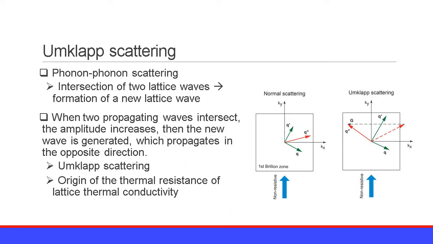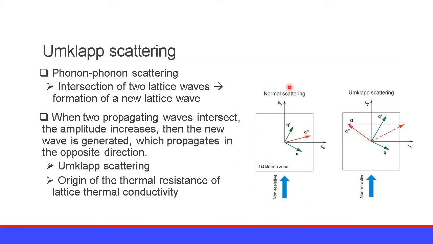Let us argue the intersection of two lattice waves more accurately and precisely. The intersection of two lattice waves is expressed using the phonon scattering in quantum physics. This drawing shows the concept of the phonon scattering.